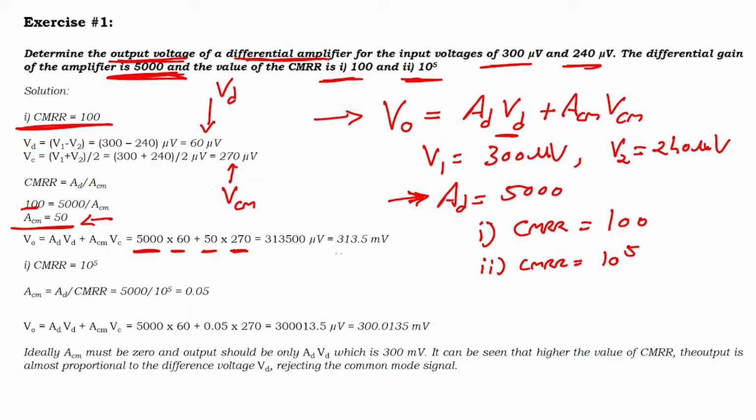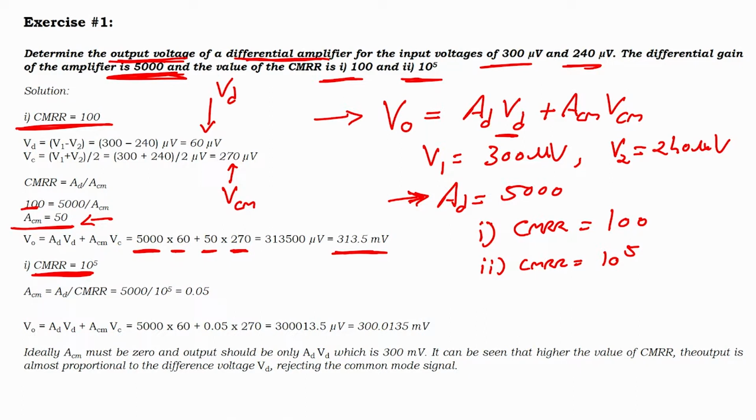When I solve this, what I get? 313.5 millivolts, okay. This was easy. Now, let us do the same calculation with CMRR equals 10 raised to 5. When CMRR is equal to 10 raised to 5, what will be my answer?